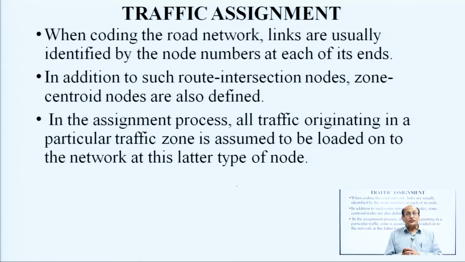In addition to such route intersection nodes, zone centroid nodes are also defined. In the assignment process, all traffic originating in a particular traffic zone is assumed to be loaded onto the network at this latter type of node.